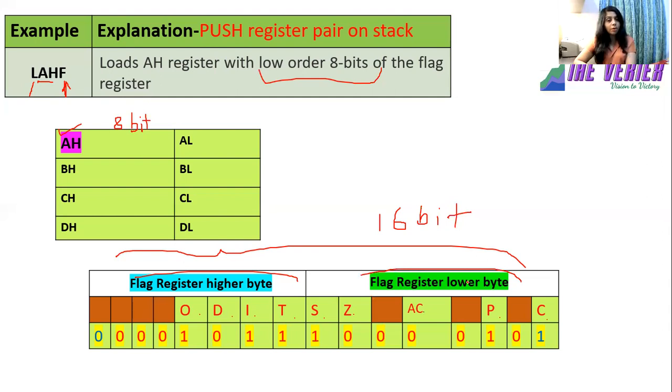Now what does the lower byte hold? This byte holds 10000101. After execution of this instruction, this 10000101 will get transferred into the AH register. Very simple instruction. Whenever we say load, that means data will enter into that register.